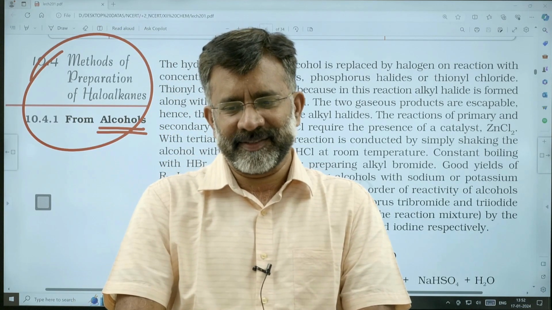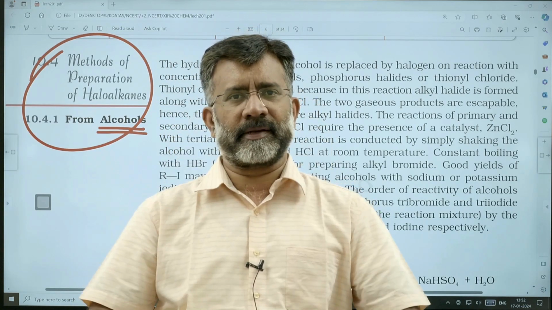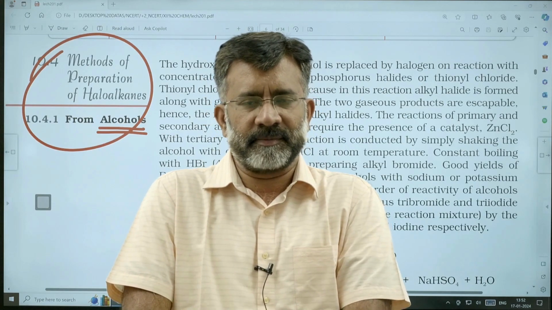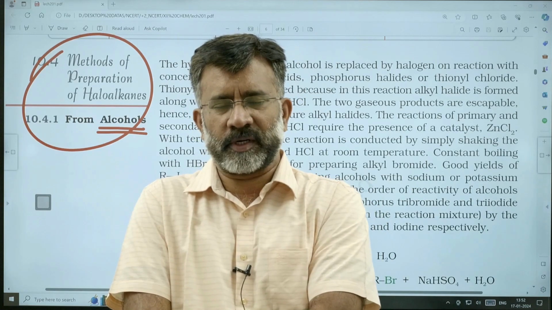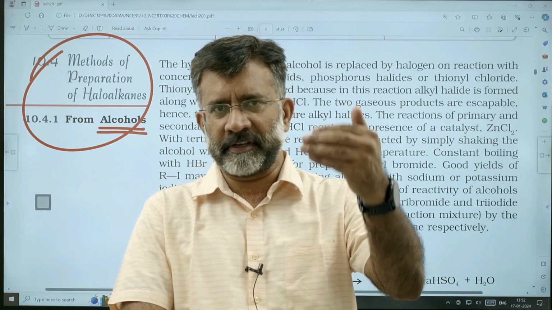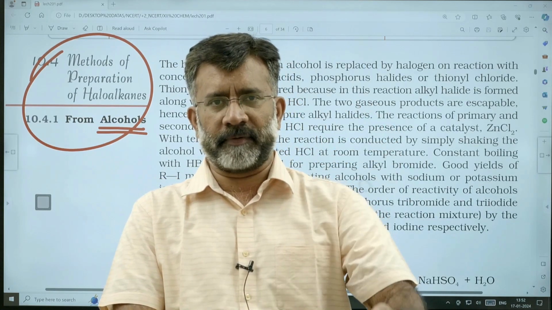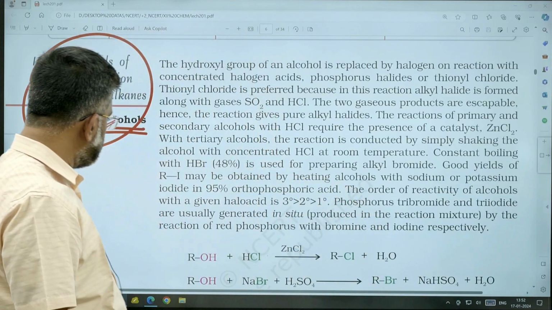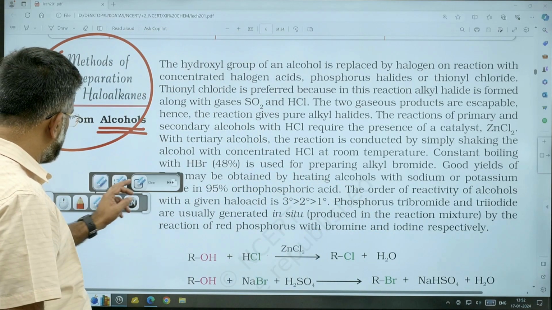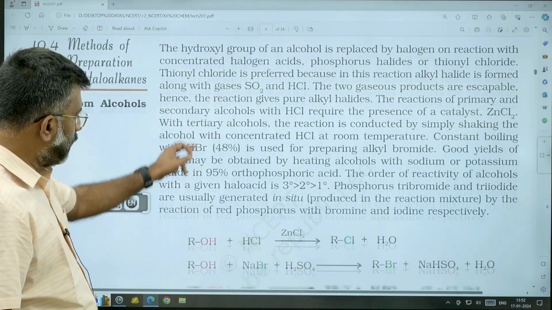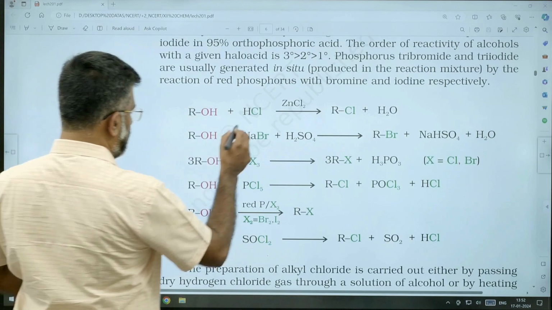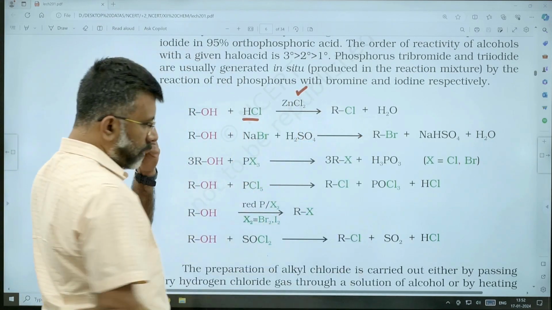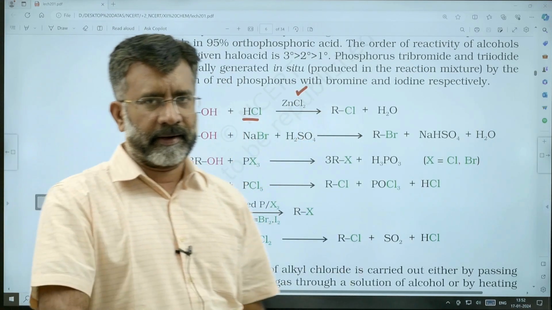There are a few important reactions listed in the textbook, and you need to look at each and every reaction and the specific features related to it. Number 1: alcohol treated with concentrated HCl and anhydrous zinc chloride.